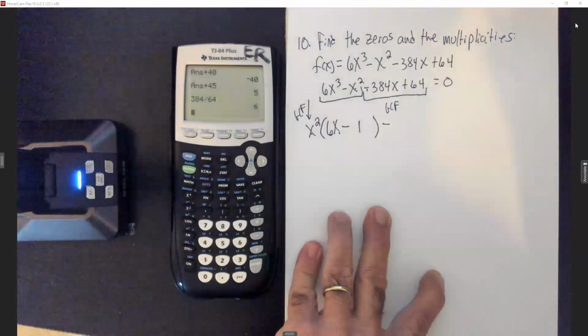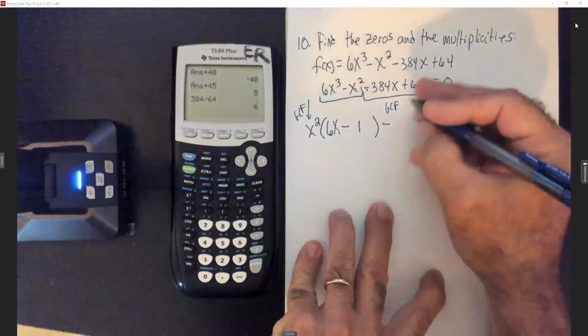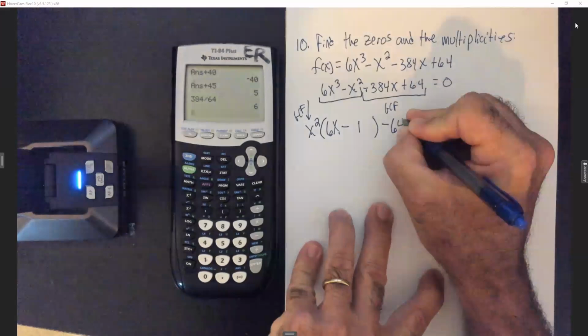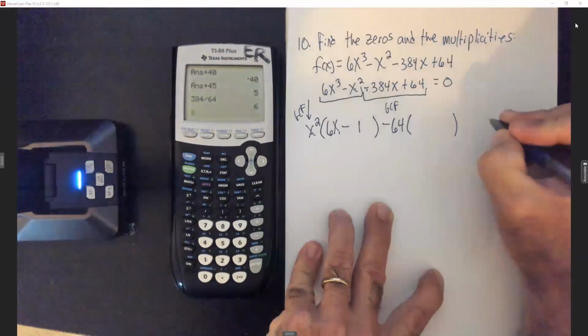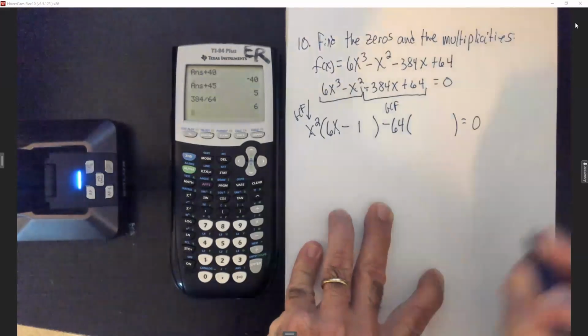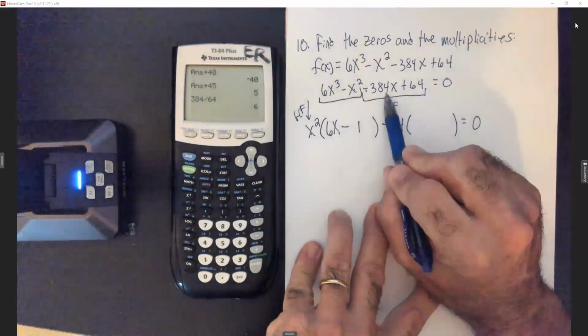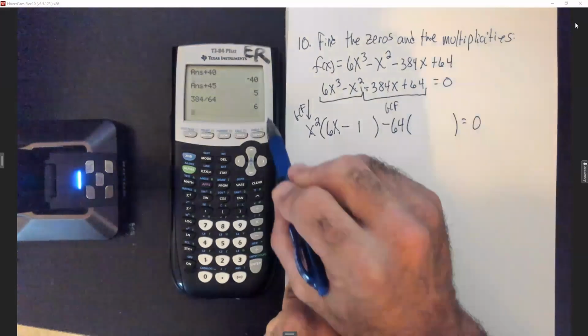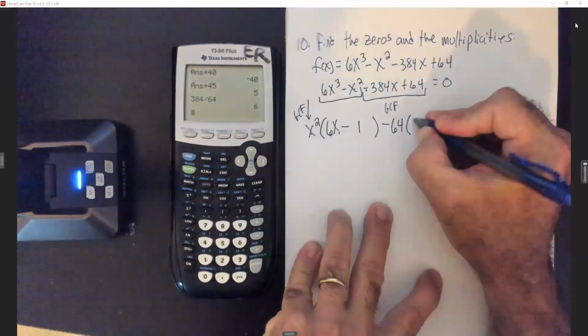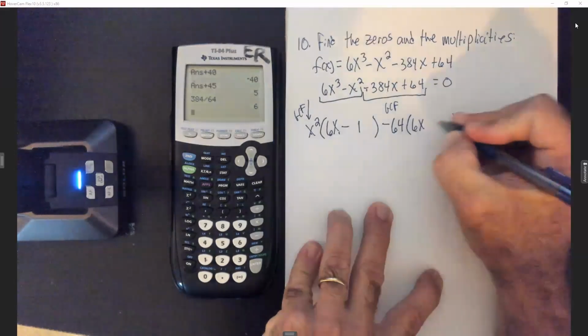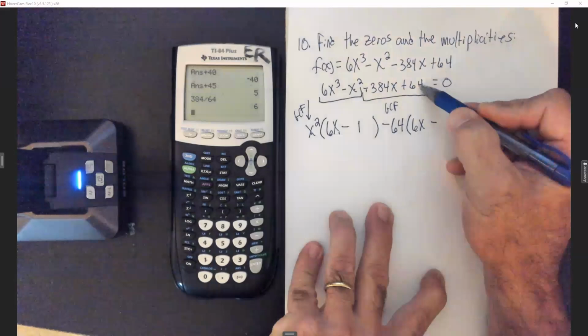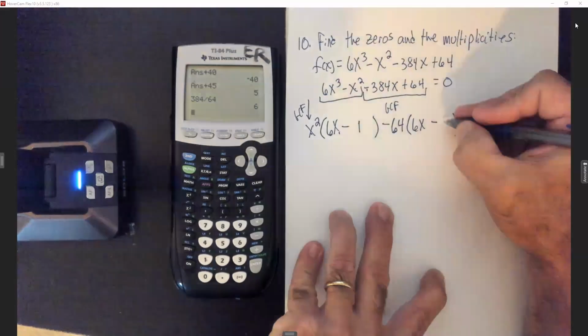So the GCF will be a negative 64. And then in parentheses, we'll put what's left. 384 x's divided by 64. Well, I know that gave me 6x, minus 64 divided by negative 64 is a negative 1.